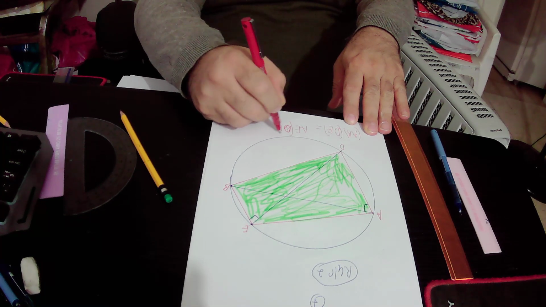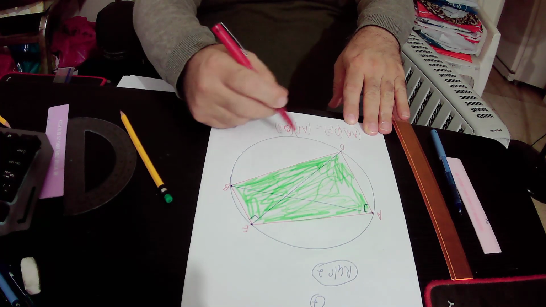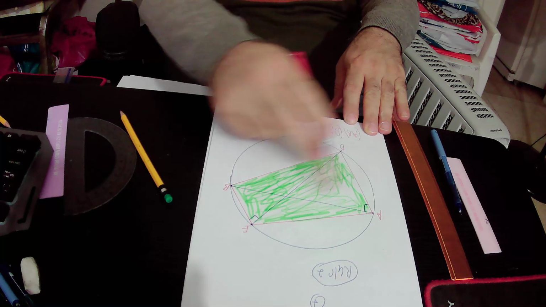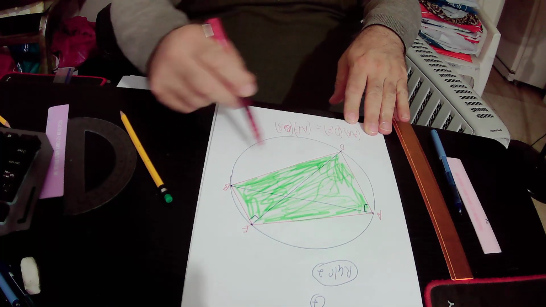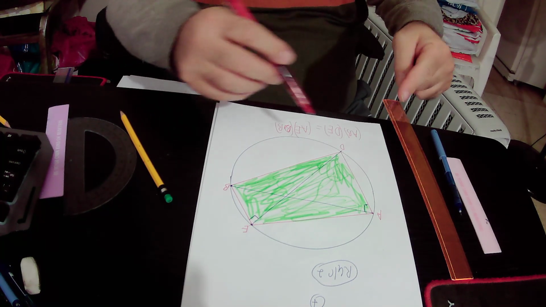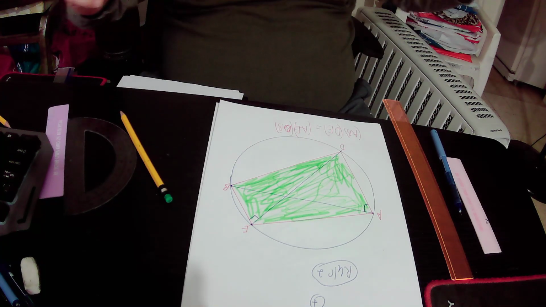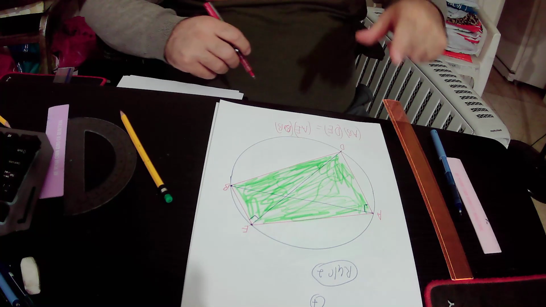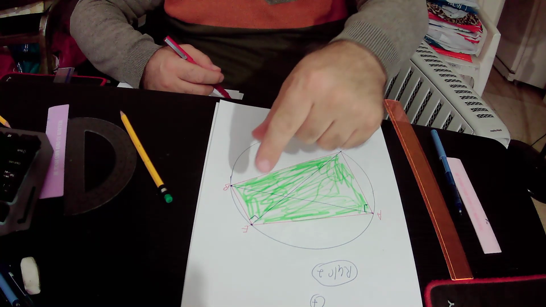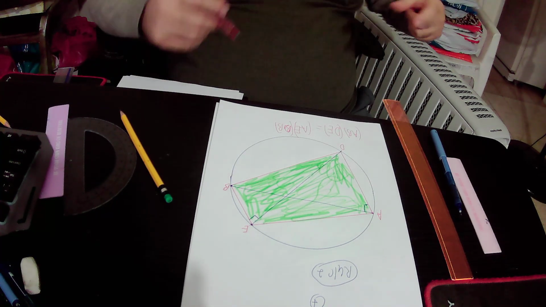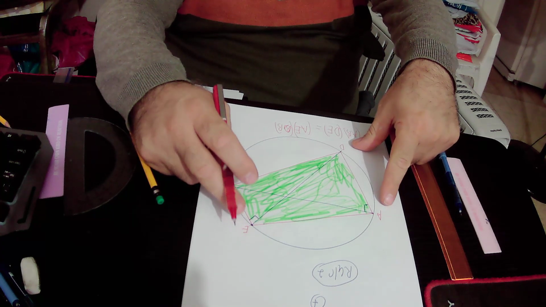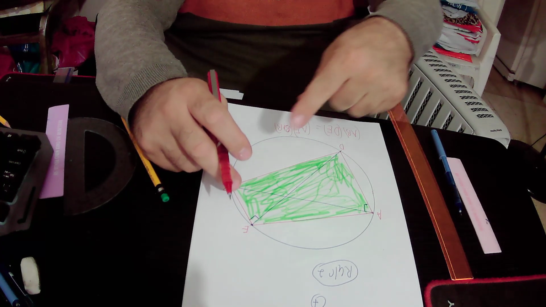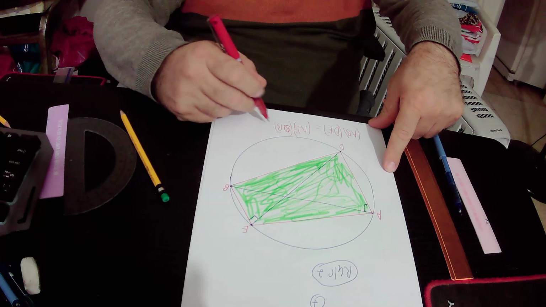AE times DB is the first product of its opposite sides, because AE is opposite to DB, and the product of those two opposite sides is AE times DB. And for the second product of its opposite sides, we know that AD is opposite to EB, so the product of those two opposite sides is AD times EB.